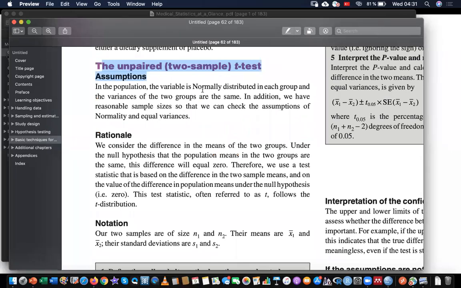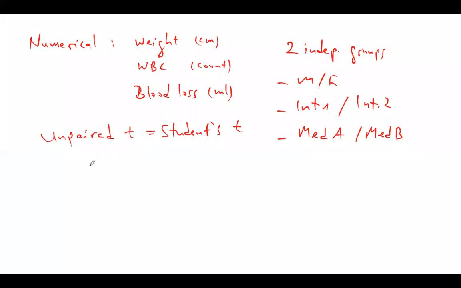The assumptions you can guess are the same as in all the parametric tests: normal distribution, and a reasonable sample size so that we can check the assumptions of normality. But here is something additional: the requirement of equal variances.